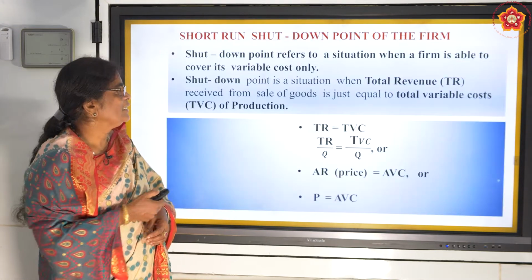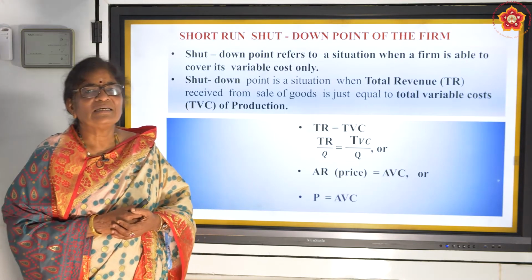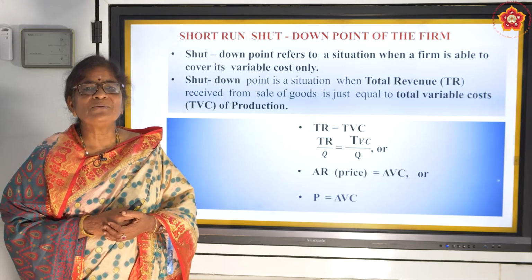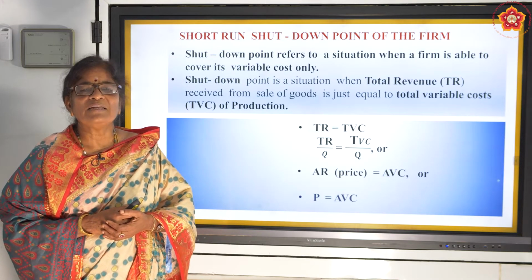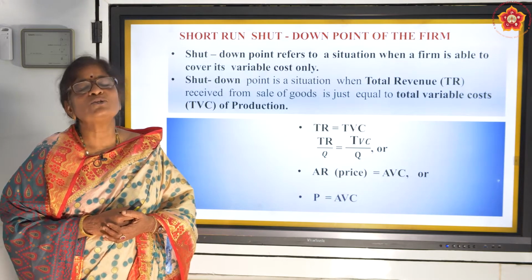First we will see what is shutdown point. The shutdown point is a situation where the firm is able to meet only its variable cost by selling the output produced by that firm.